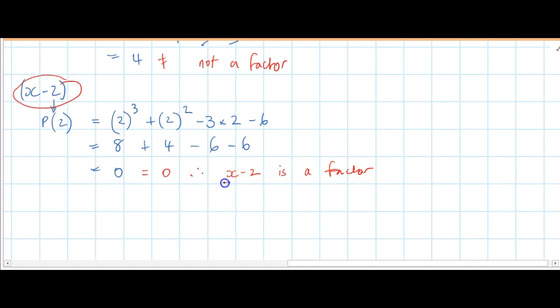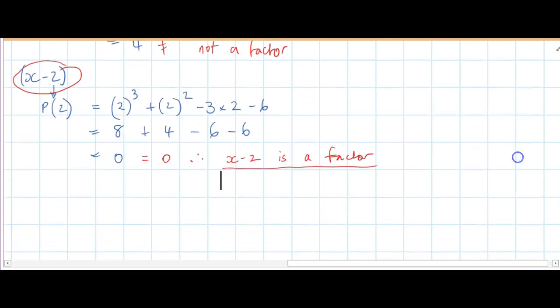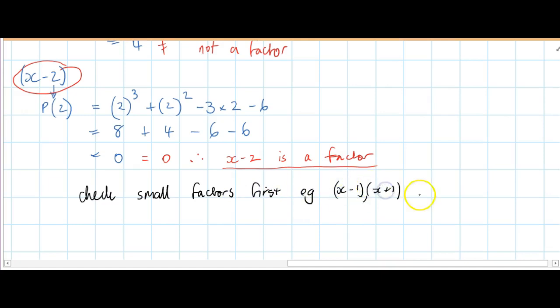This is a good way to work it out, and it seems like a lot of trial and error, but the trick with this one is to check small factors first, e.g. x minus 1, x plus 1, x minus 2, x plus 2. They work best for these ones because they're easier to work out. So that's how you find a factor.